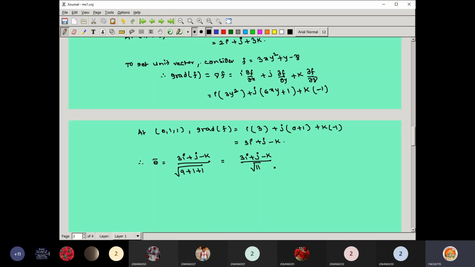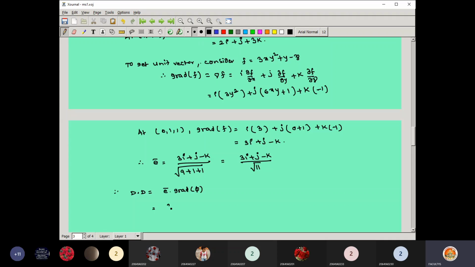So after getting that unit vector, I am calculating the directional derivative. So the formula is e bar dot, don't take the second gradient, our first previous one only. It is nothing but gradient of the starting phi.